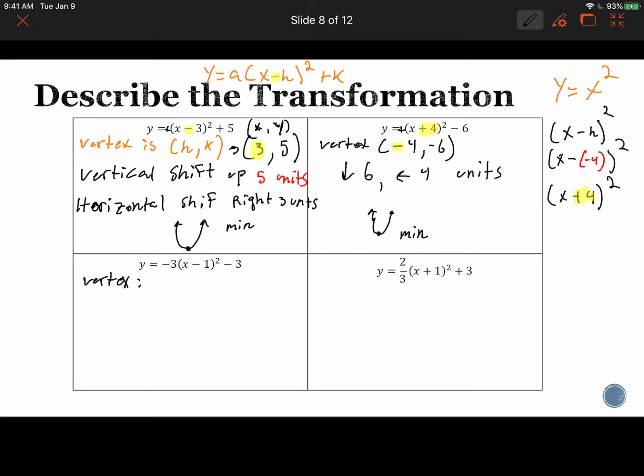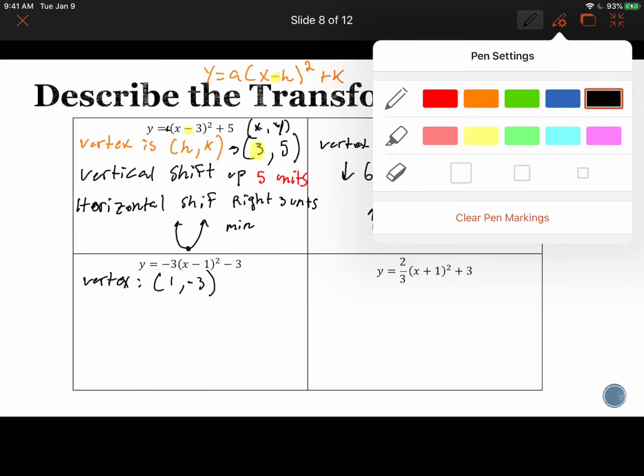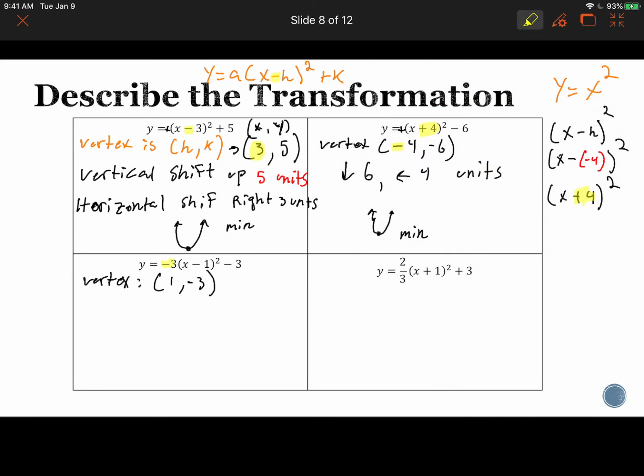So my vertex is (1, -3). But we have something a little bit different. This -3. What that negative does, again, is a reflection.